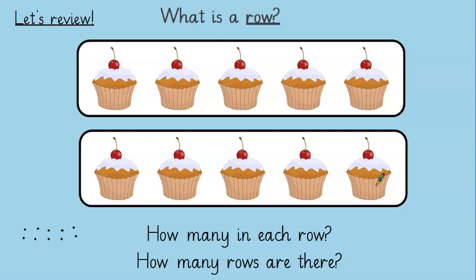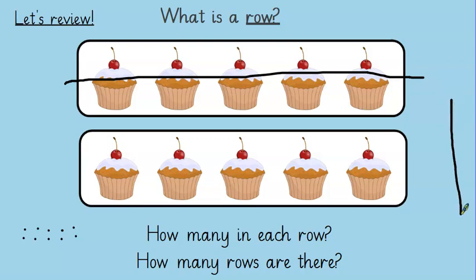Can you say row? Row. So a row is when we line things up horizontally or sideways. Before we talked about columns, where we line things up vertically.